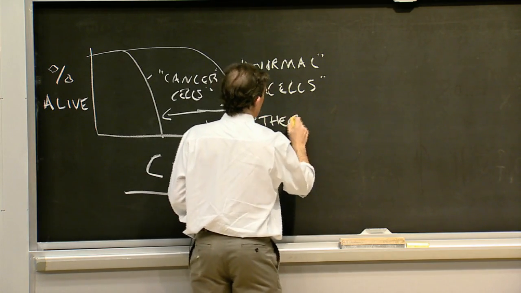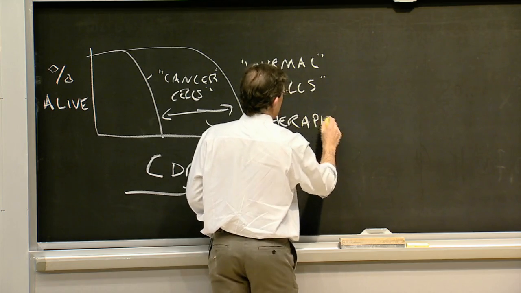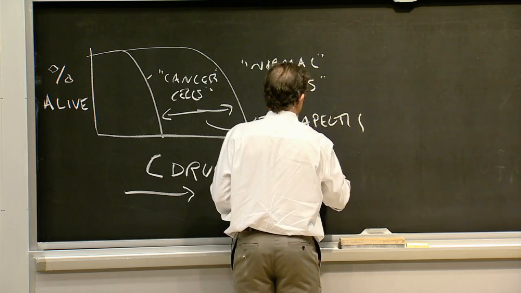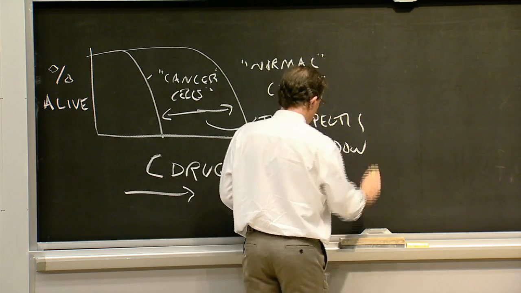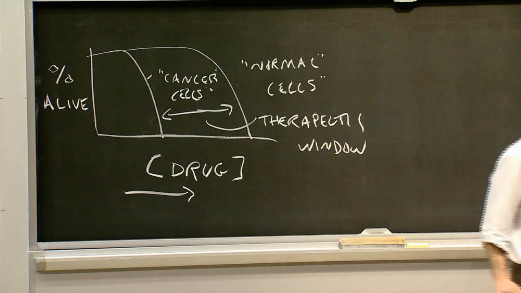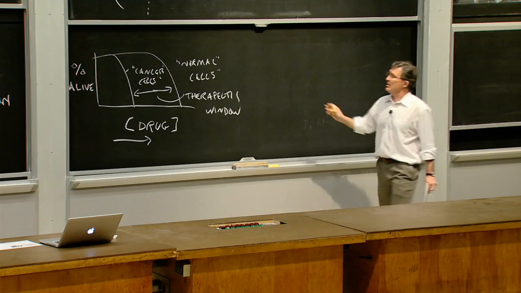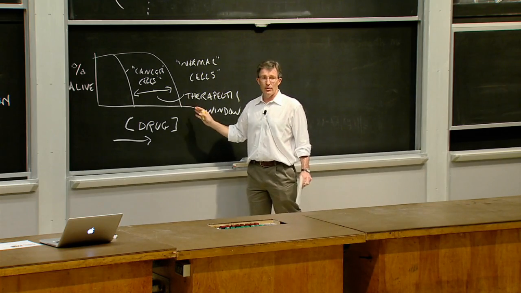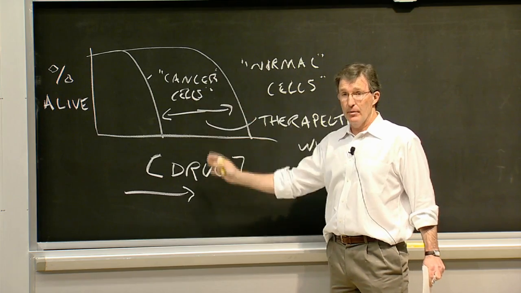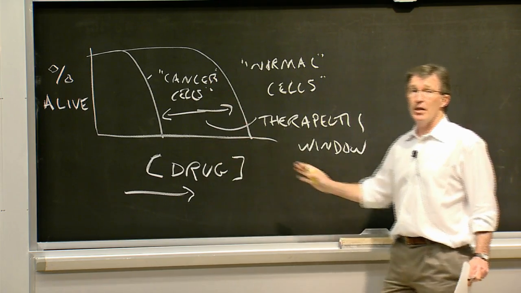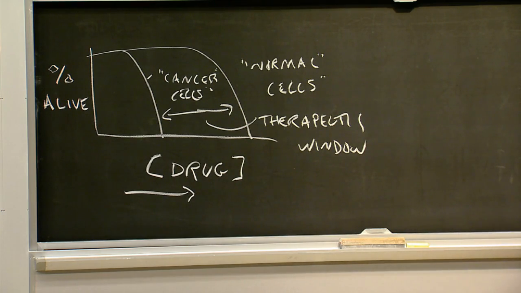And this difference is called the therapeutic window. In theory, this looks good because it suggests that the cancer cells are more sensitive to the drug than our normal cells. And that's why some cancer therapeutics work for some cancers. But there are problems.